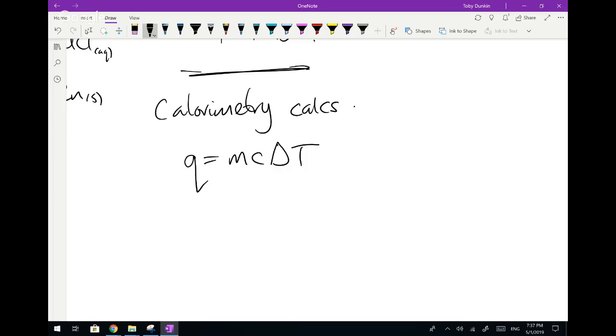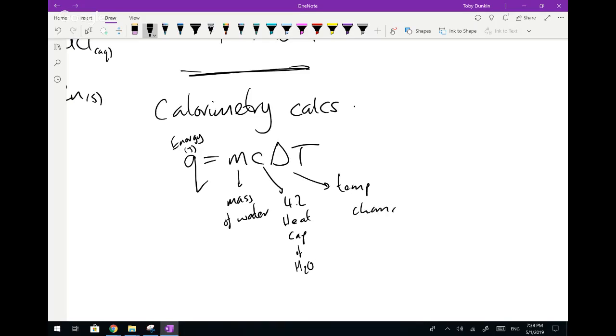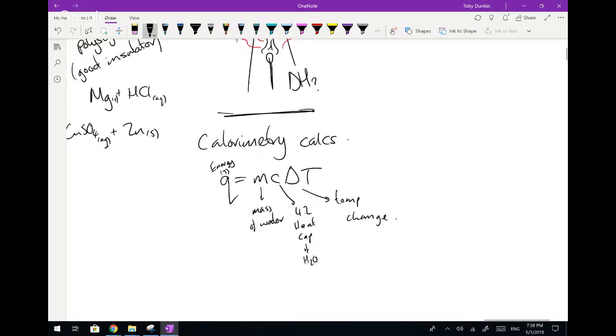I need to bring you to realize that this Q is energy, raw energy in joules. M is the mass of water, which is where we're catching the energy. C is 4.2, the heat capacity of water, H2O. And ΔT, of course, is temperature change. This is all about water.